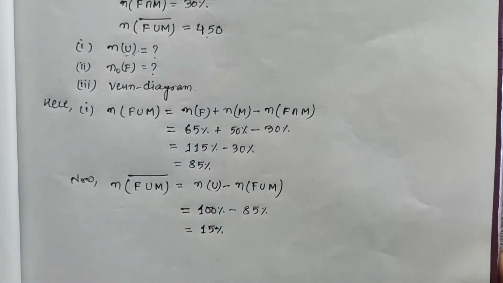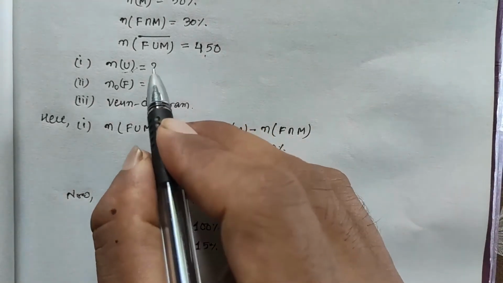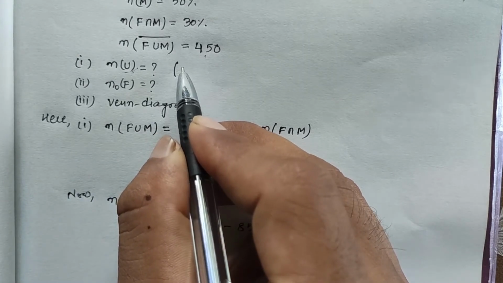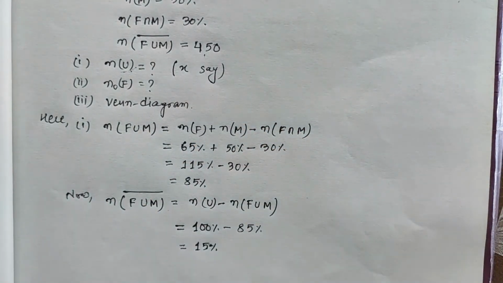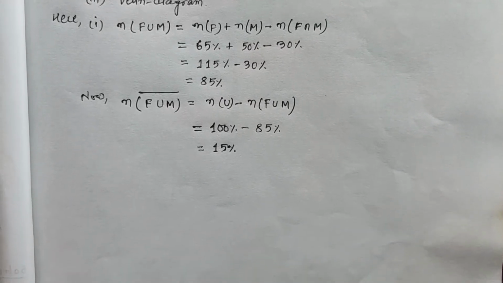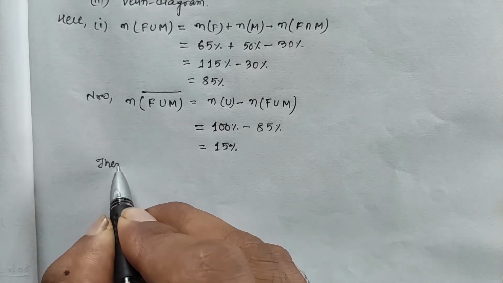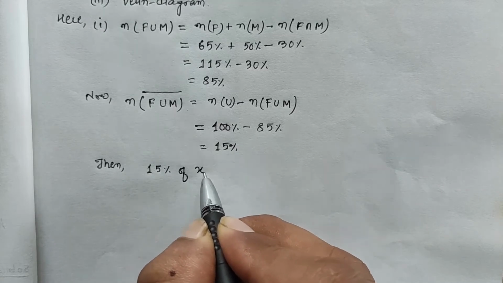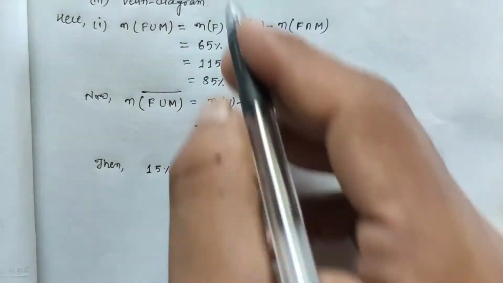So you have to let the total number of persons be X. So you can write NU as X, or you can write N equal to X. So here, 15% of X is 450. These two are equal.